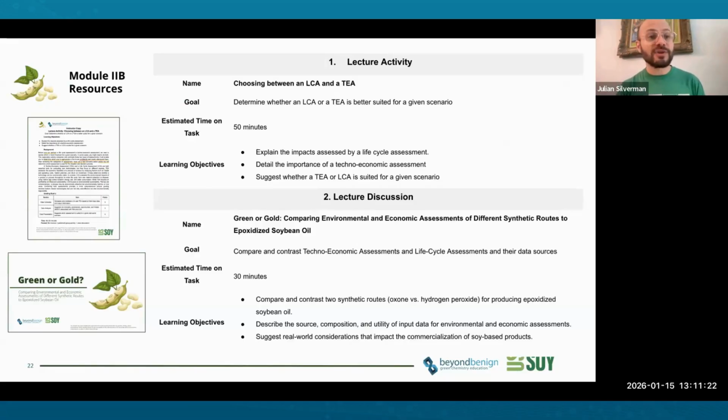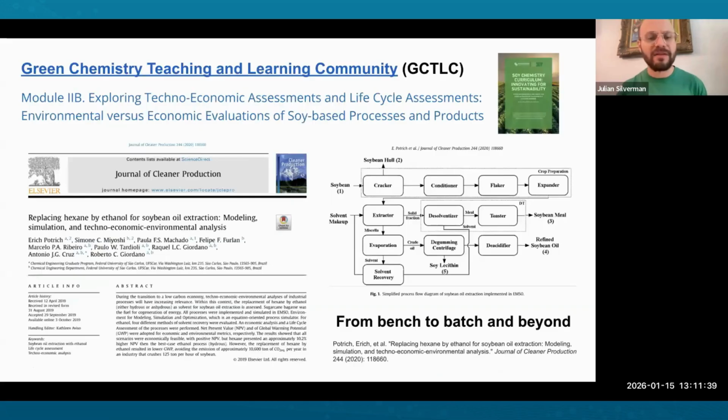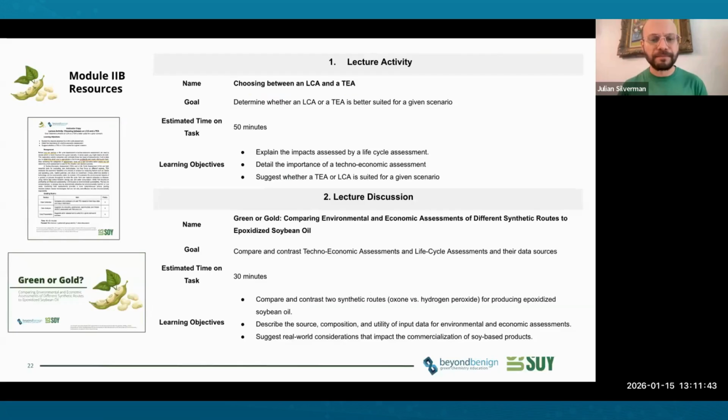So I would not expect your students to do a full TEA. We do teach a 200 level course at FIT where students effectively do an LCA over the course of a whole semester. But in this case, don't expect them to do what we just saw on the previous page right out of the first semester.